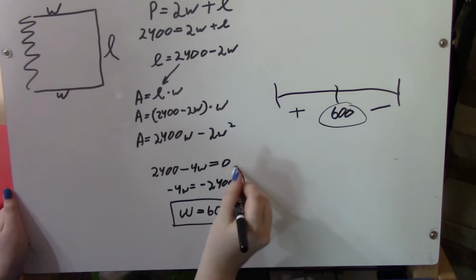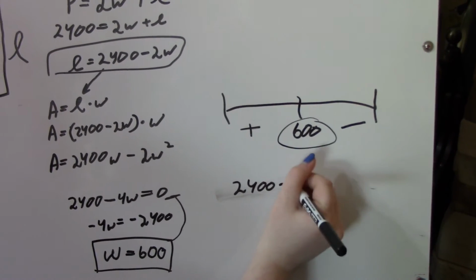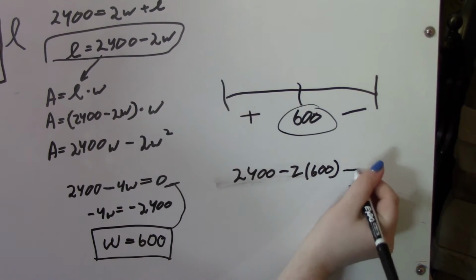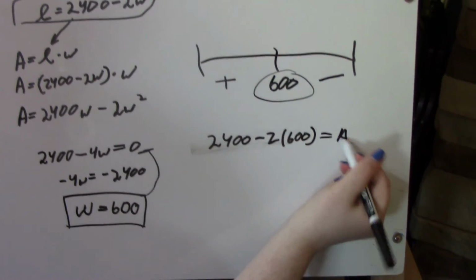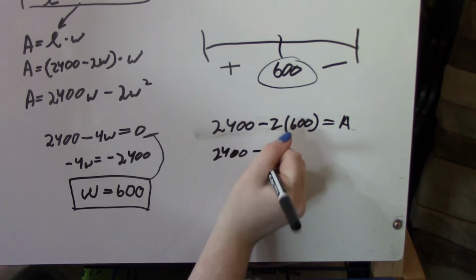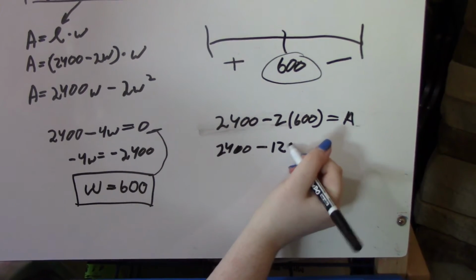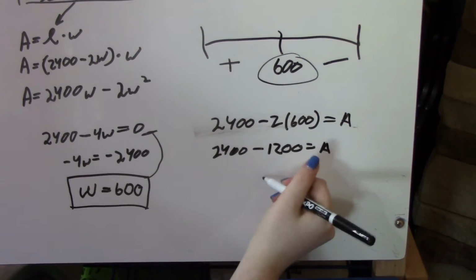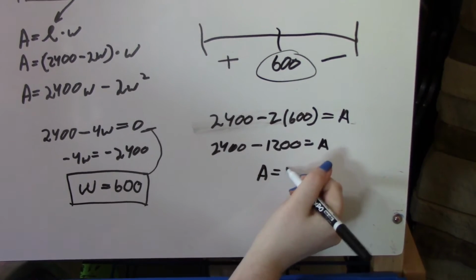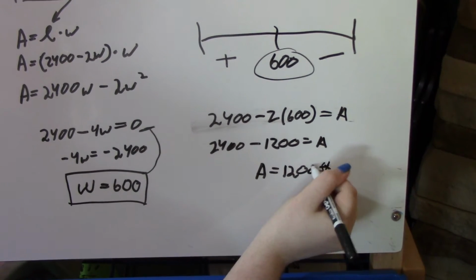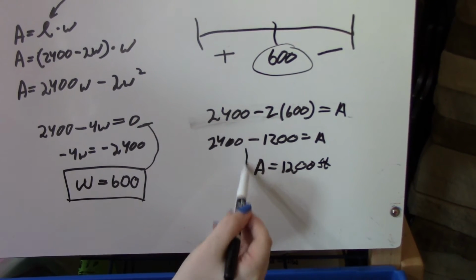So we have length equals 2,400 minus 2 times 600, which is 2,400 minus 1,200, equaling 1,200 feet. And this is our final answer.